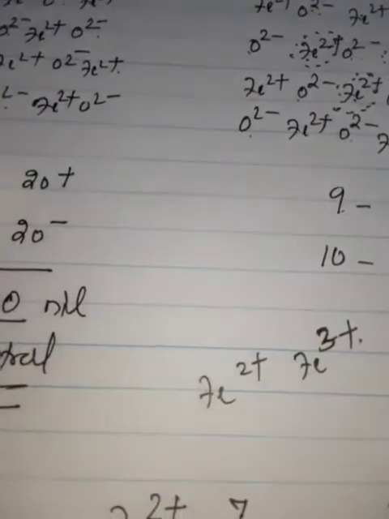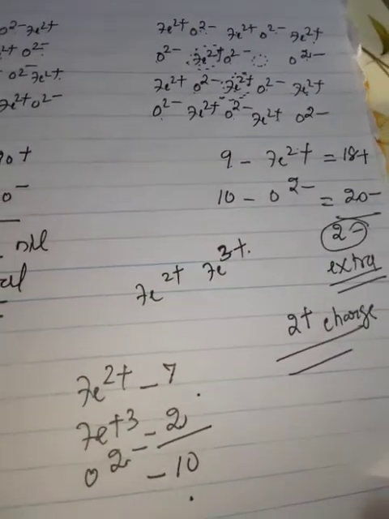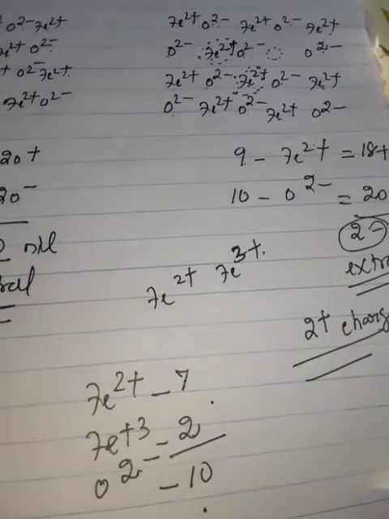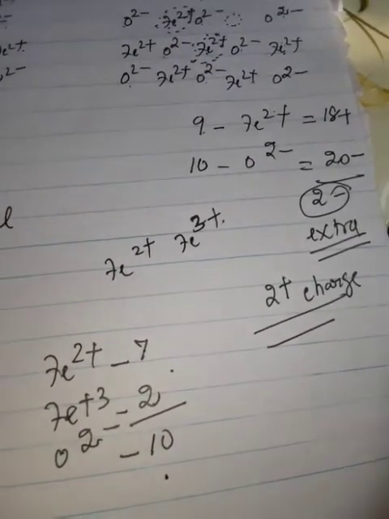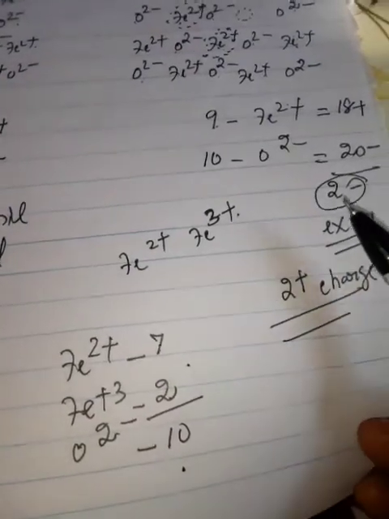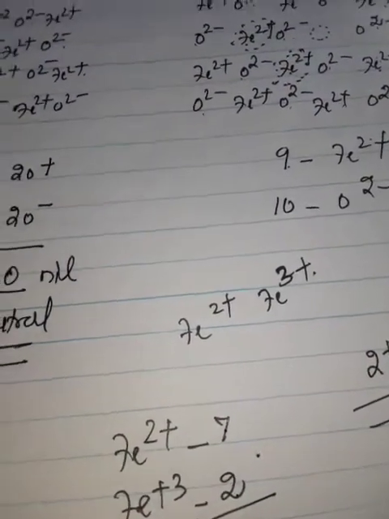So experimentally it was found that FeO, the formula becomes Fe(x)O, and x ranges from 0.93 to 0.98. So it becomes less when compared to O2- ions.